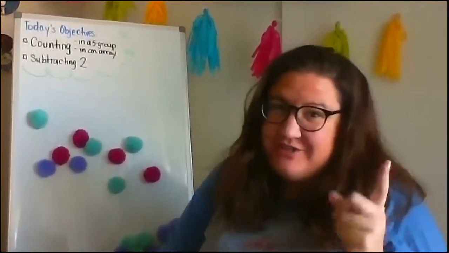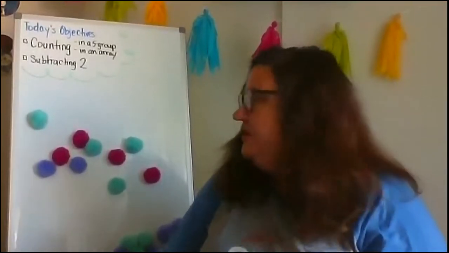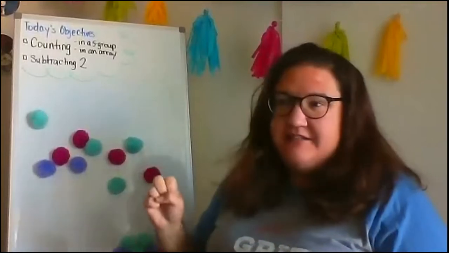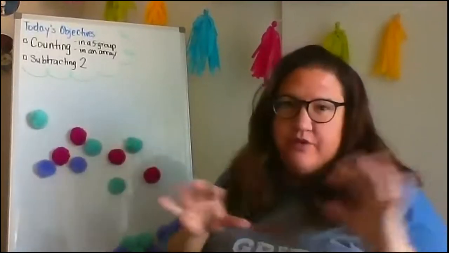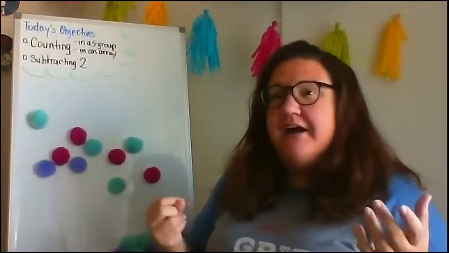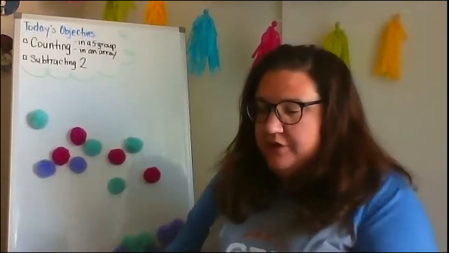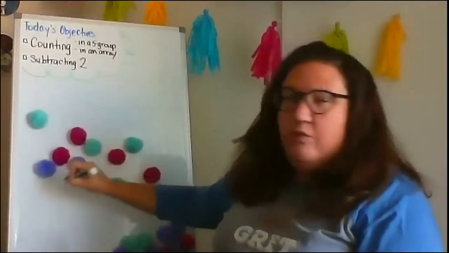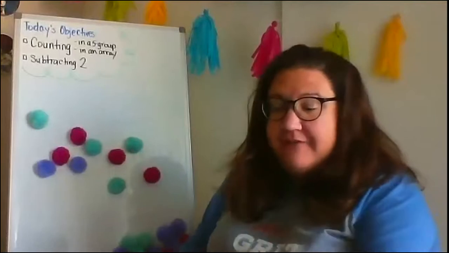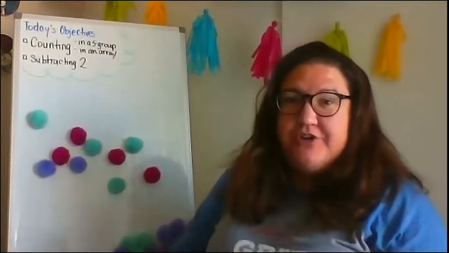But there's some cool things you can do, okay? You can take things that are the same amount, and you can move those around. If it's on a piece of paper, you can take your pen or your pencil and cross things out while you are counting them. If you don't have a pen or paper, you can do what I'm going to do.